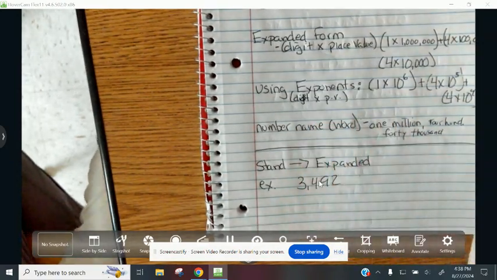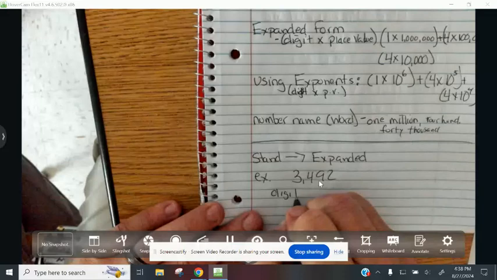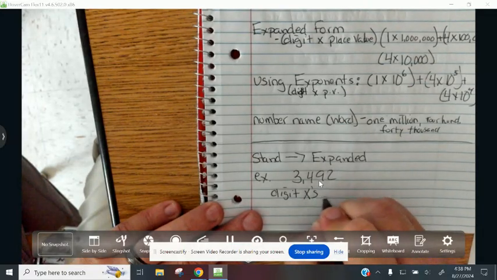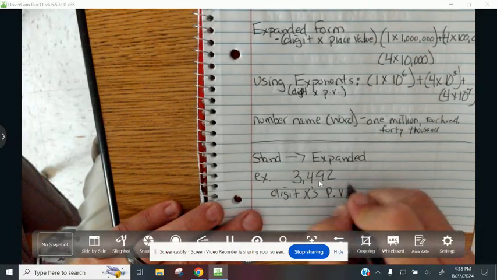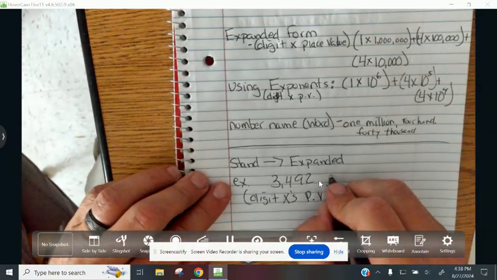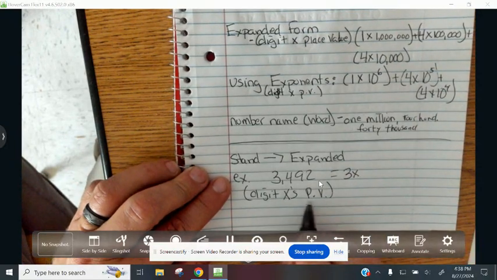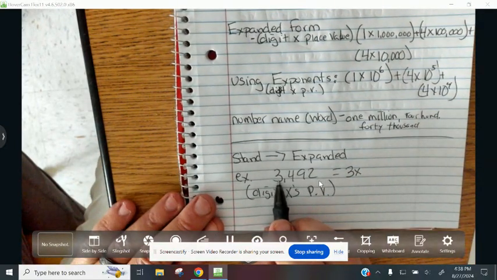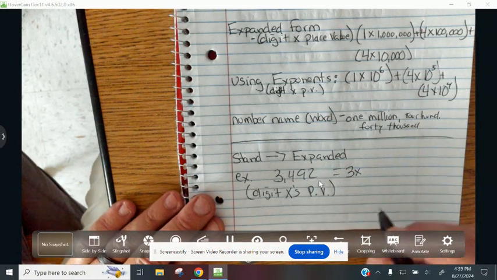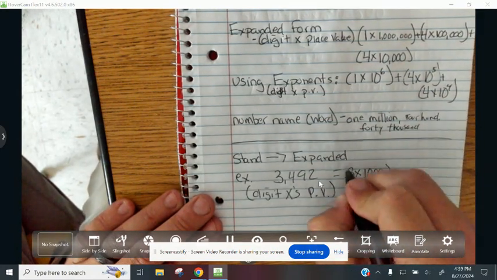For expanded form, do exactly what we just did up here: digit times place value. That's all you're doing. Find the first digit. The first digit is a 3 times place value. What place value is the 3 in? Ones, tens, hundreds, thousands. It's in the thousands, so you write 1 and make 3 zeros.